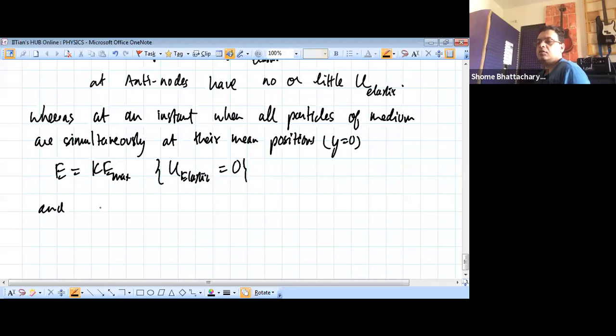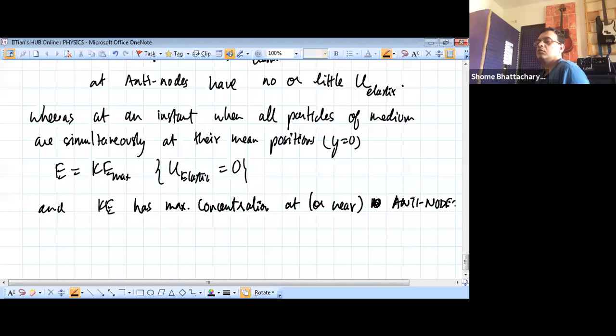And kinetic energy has a maximum concentration at the antinodes, whereas it's 0 at the nodes and tending to 0 near them.